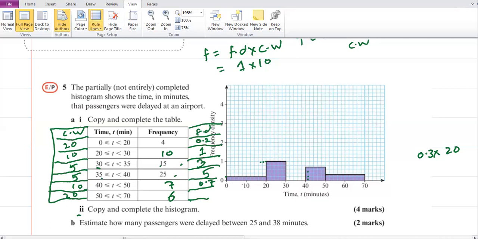Now on this side, how many boxes are actually making 10? 1, 2, 3, 4, 5. So each box is 2. If this is 30 to 34, till this one will be 35. But for 35 the frequency density is 3. So you will take it up till 3. Where is number 3? Here. So this one you have to complete.